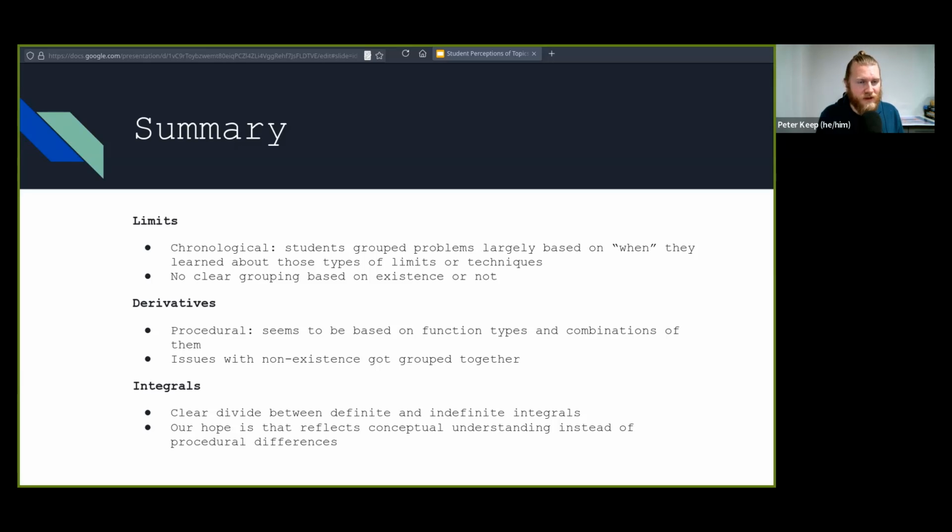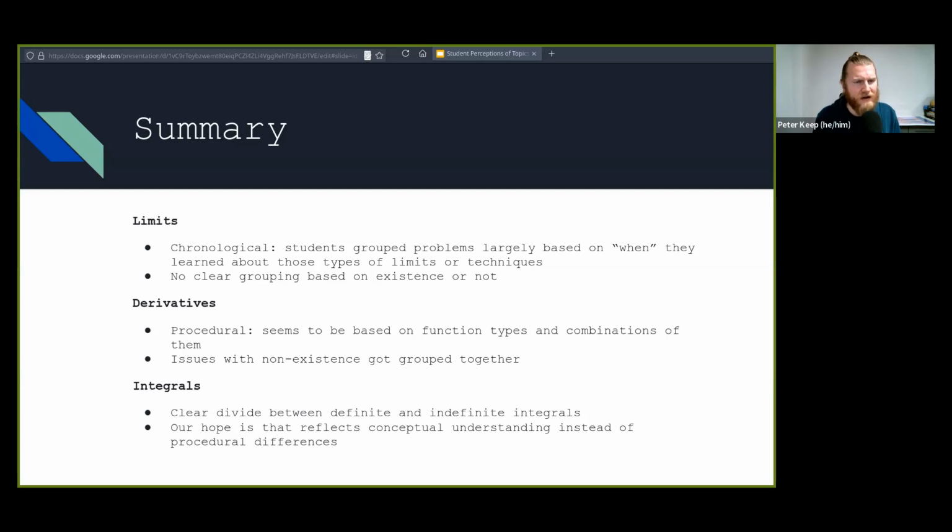And that could have really been a proxy for how comfortable they were with doing those problems: stuff that they had learned earlier, maybe they were more comfortable with; stuff that they had learned more recently, maybe they were less comfortable with. It didn't seem like there were any real clear groupings based on whether or not the limit existed. And so not really a ton of thinking about the object like we saw in the literature. It seems like students were really focusing on the procedure of how they might deal with these problems.